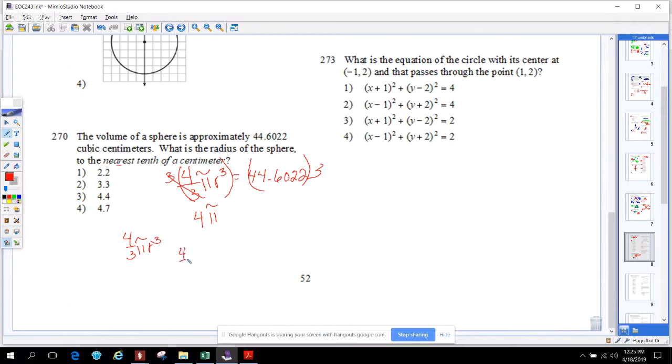So you'll do 4/3 times pi times 2.2 cubed and see what you get. And in this case, you'll actually get that answer. It's choice 1. Okay, so would it be okay if you just divided 44.6026 by 4/3 and pi, and then take the cube root? Yep.